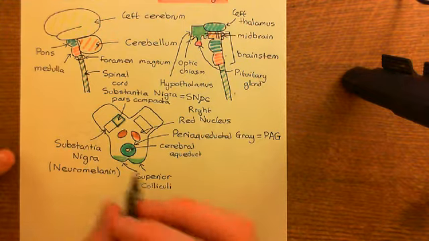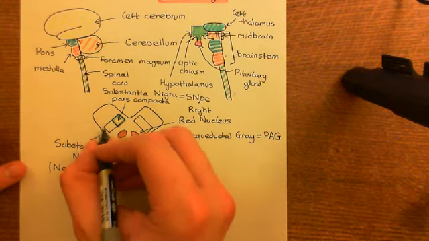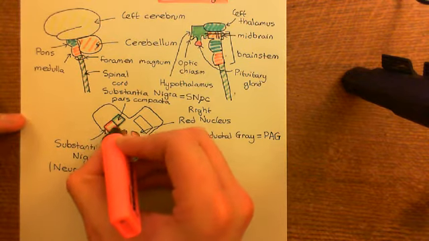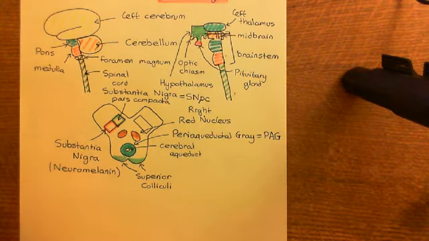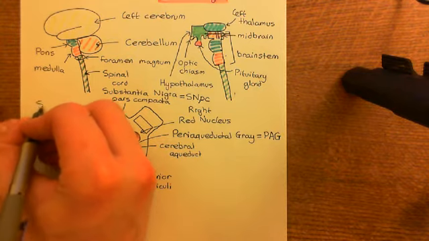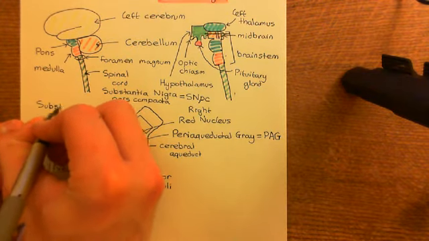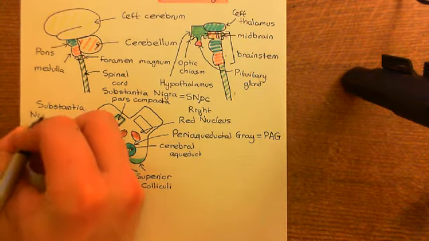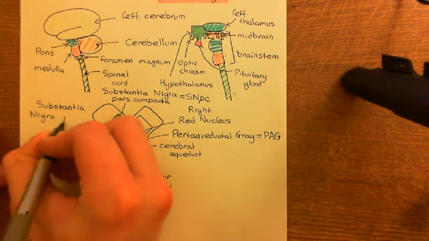The other portion of the substantia nigra, on the lateral side here in red, is then called the substantia nigra pars reticulata. This is the substantia nigra, and I don't know why I've written substantia nigra out again. You've probably got the hang of how to spell that now.